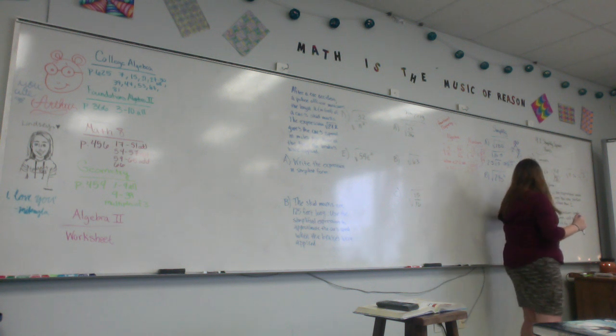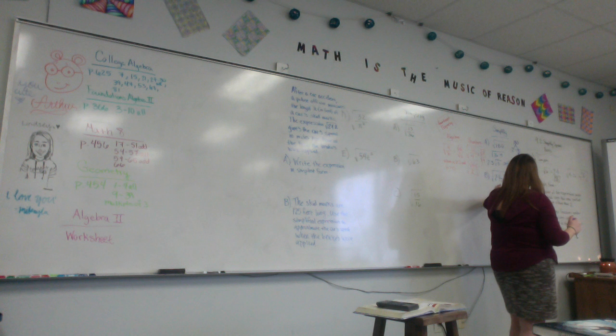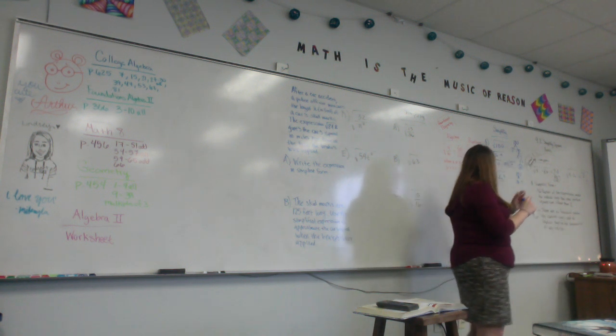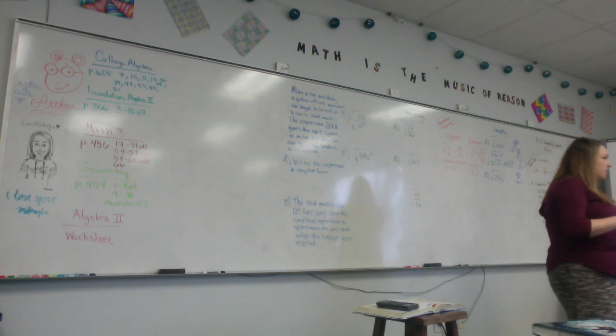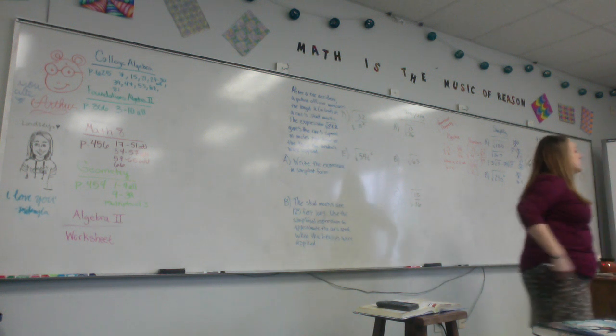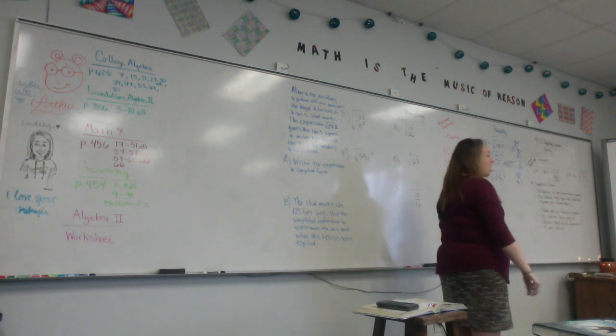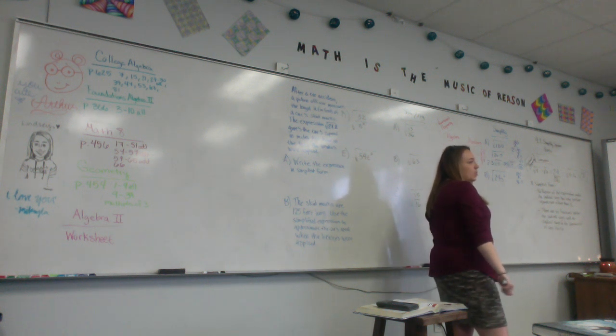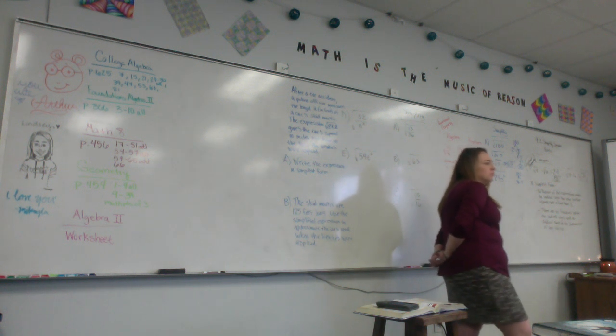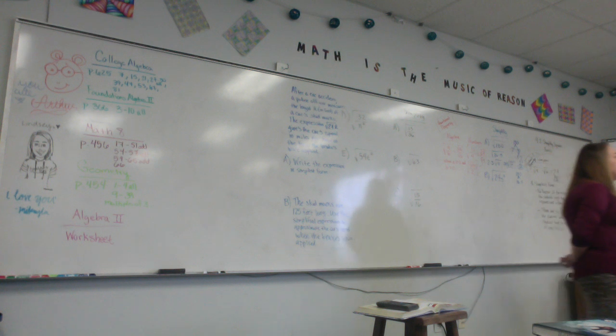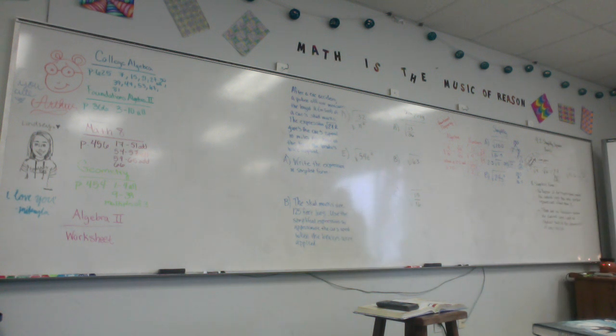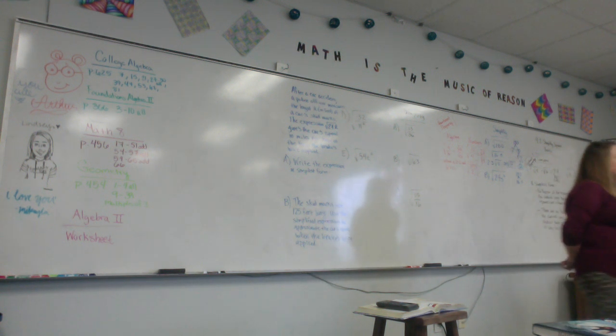Let's look at this one, because this one has variables with it. Let's treat each thing individually. We're going to treat the number individually and the variable individually. So 24. Does 24 have a perfect square? No. But what do you know are multiples of 24? Anything with a perfect square? 6.